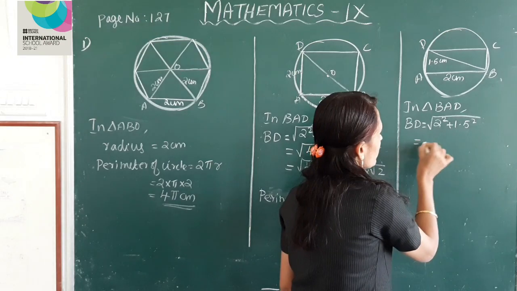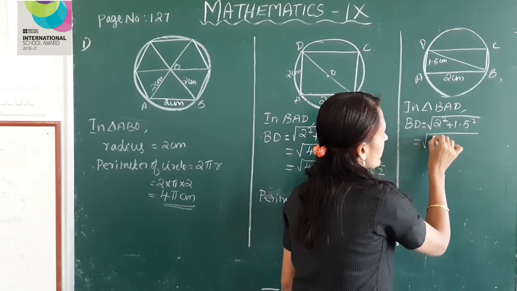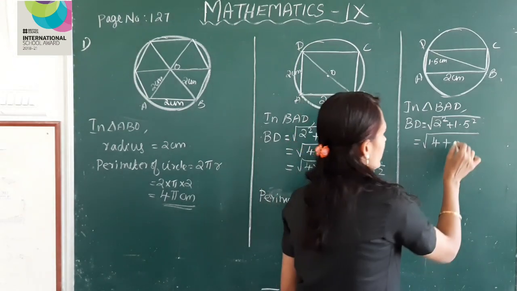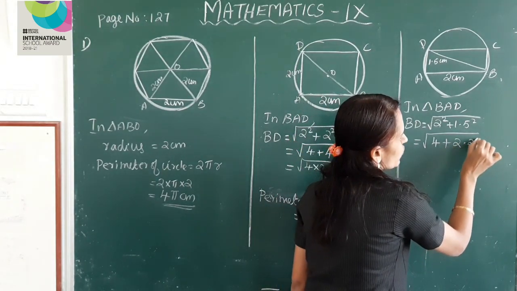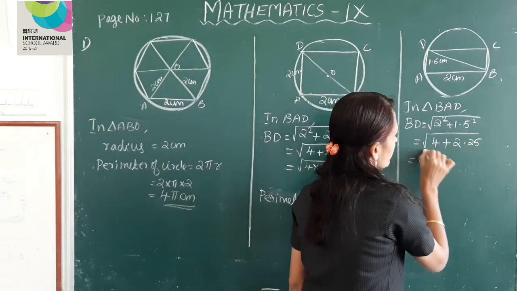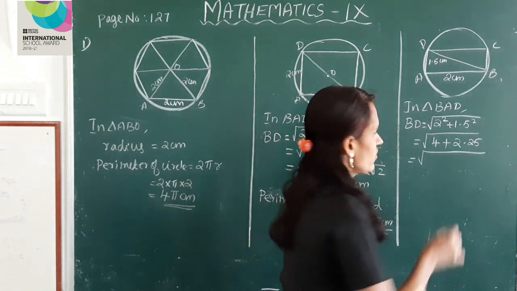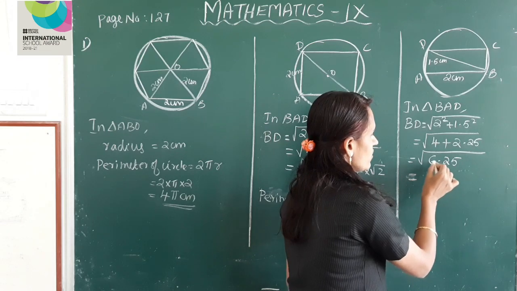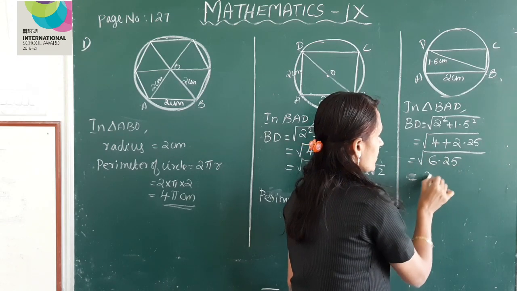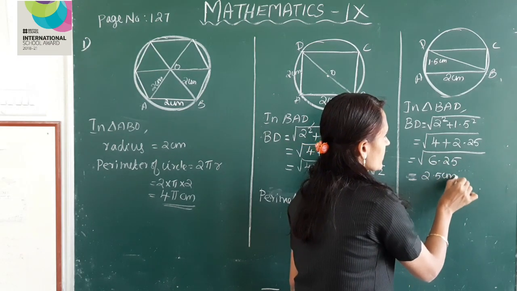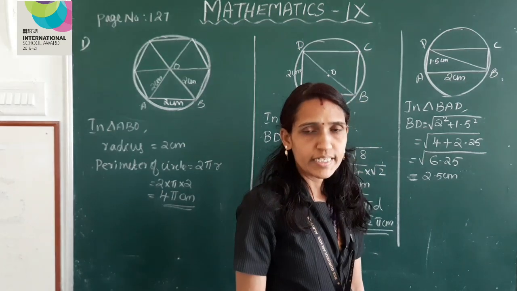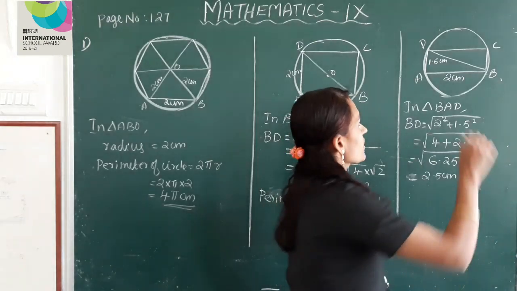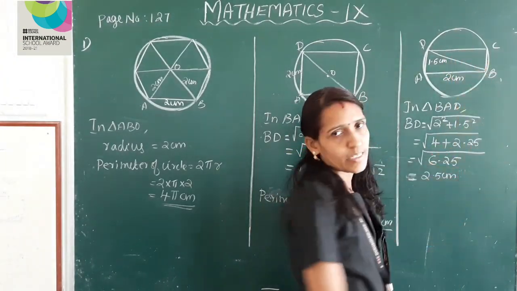This is equal to root of 2 square is 4 plus 1.5 whole square, that is 2.25. This is equal to root of 6.25. This is equal to root of 6.25 is 2.5 centimeter. That is BD is 2.5 centimeter. BD is diameter of this circle.